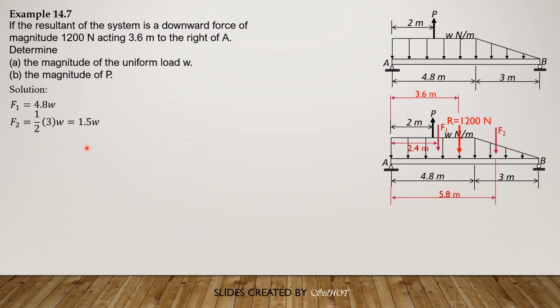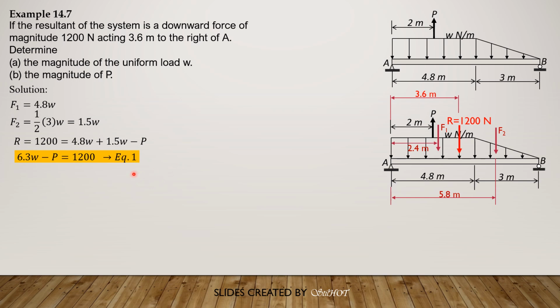Then R, which is 1,200 downward, must be equal to 4.8 W plus 1.5 W minus P, because P is upward and we consider downward as positive. So simplifying, this is 6.3 W minus P equals 1,200, equation 1.